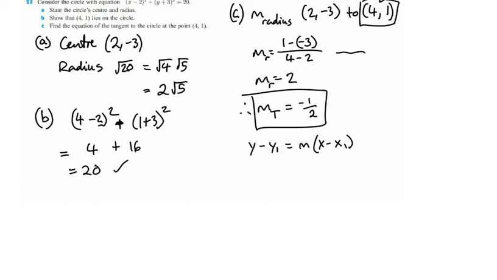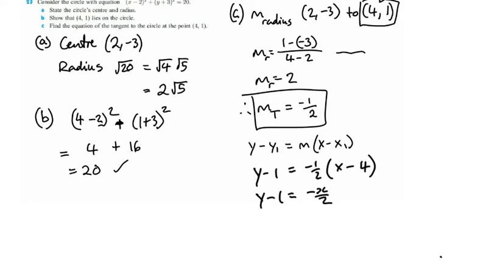So here, sub in the points, so the y coordinate is 1. Oh, I'm substituting in now, silly. So let's go back and put in that value for the gradient, which is -1/2. x subtract 4. y minus 1 equals -x over 2.